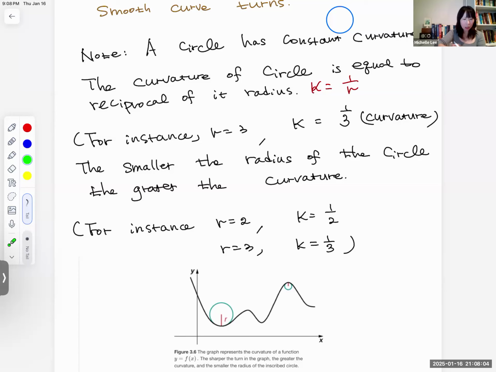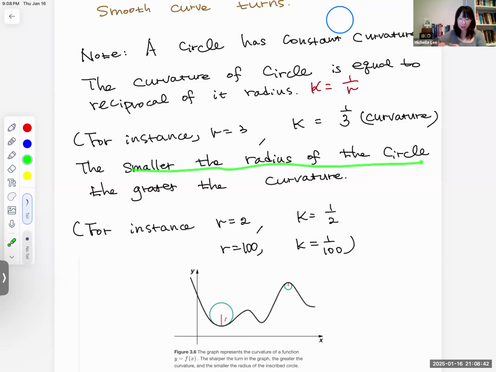If we have R equal to 100, then 1 over 100, right? So this one is bigger.